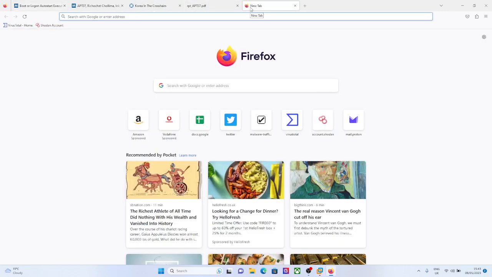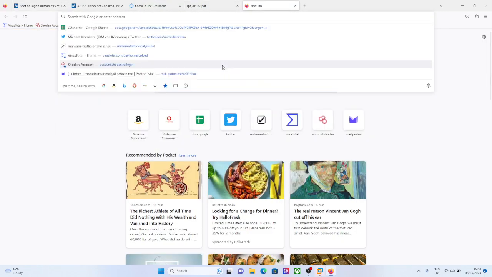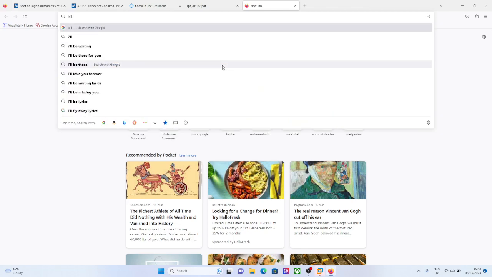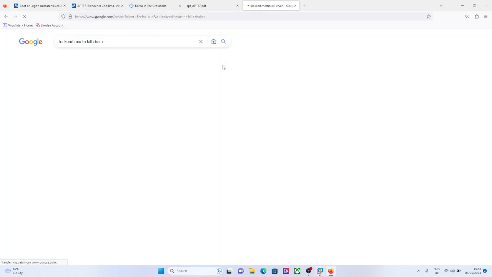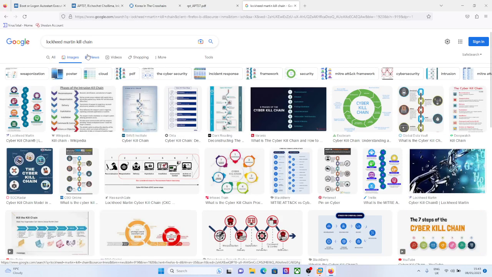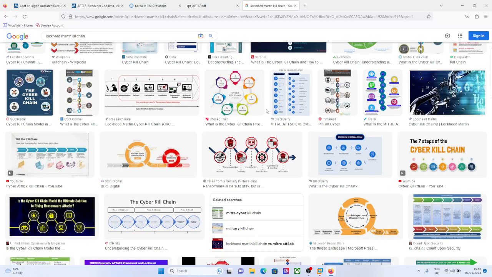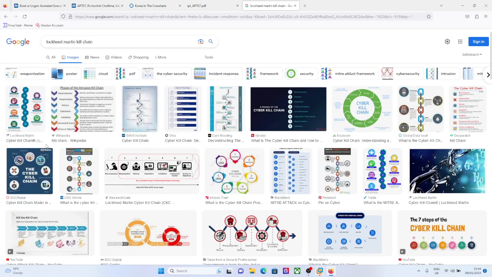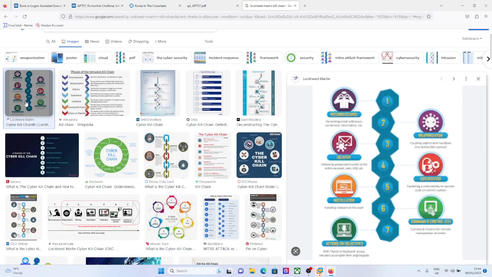So when you are looking at these MITRE ATT&CK reports, always keep the Lockheed Martin kill chain in mind for the different tactics.